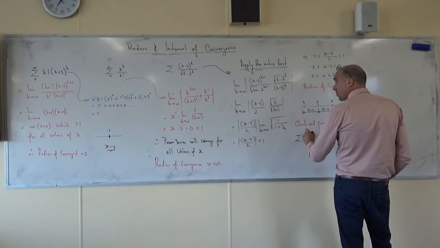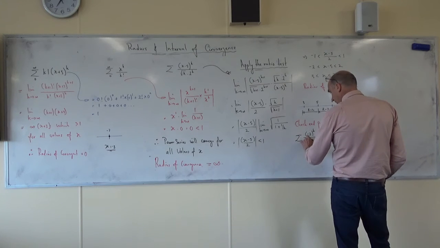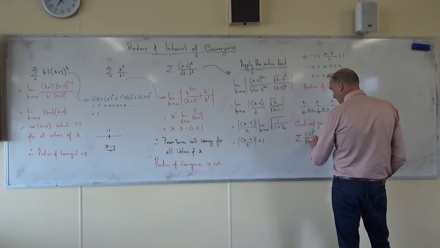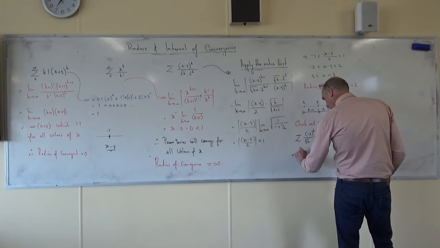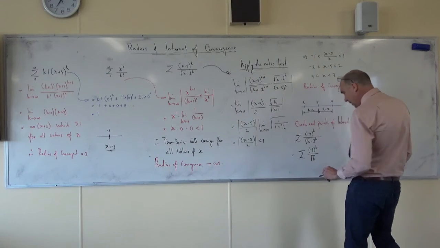If we let x equal 3, it's minus 2 to the power of k divided by the square root of k times 2 to the power of k, which equals the sum of minus 1 to the power of k on root k.